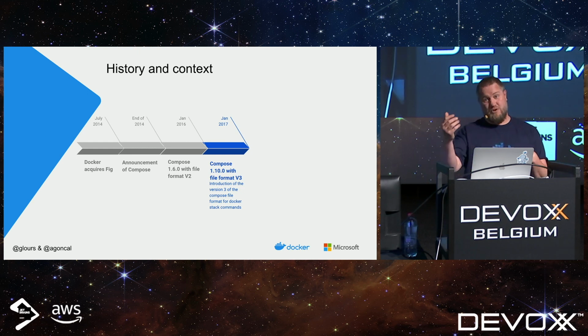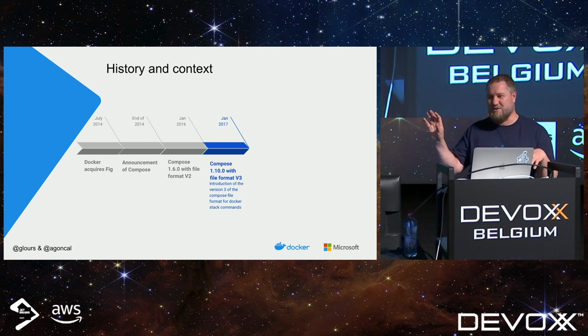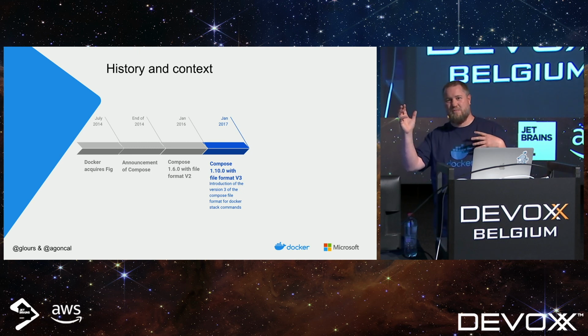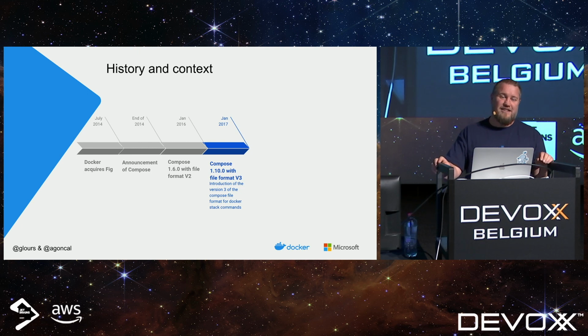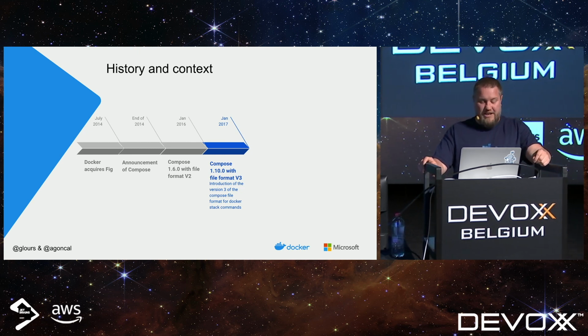So we had to introduce a new file format, and that was the shift between people using Compose locally and the ones using the file format to deploy into the cloud. So at that point, people started saying that Compose v2, the file format, is for local development, and the file format in version 3 is only for the cloud. That's not really true.